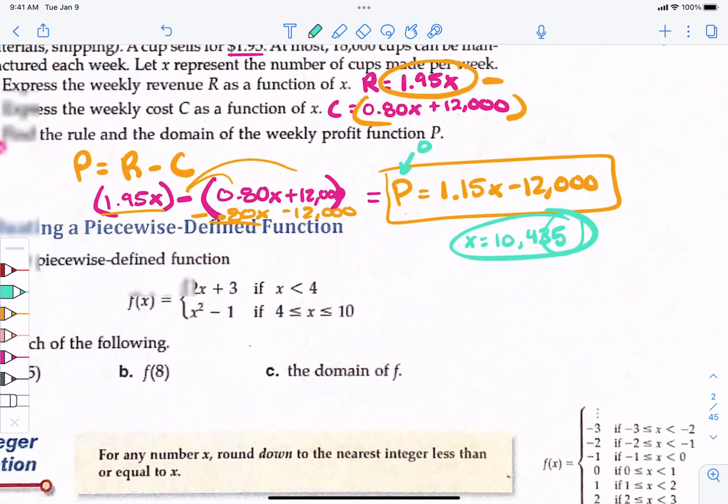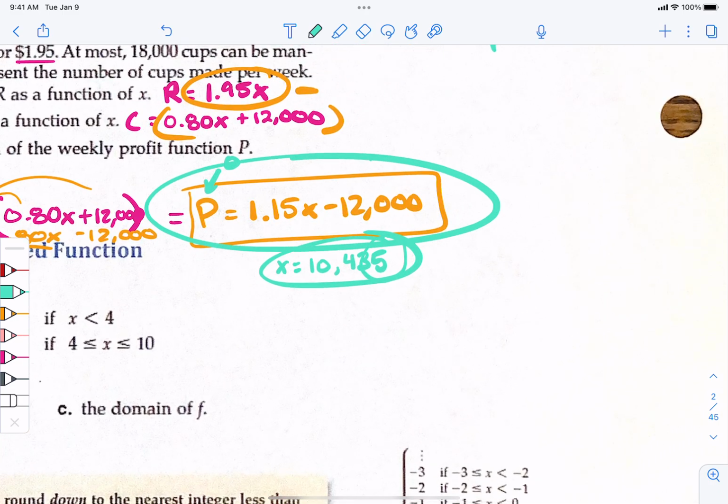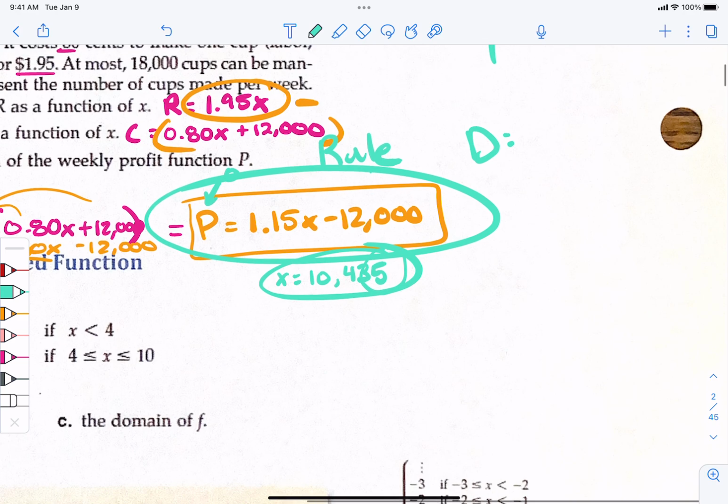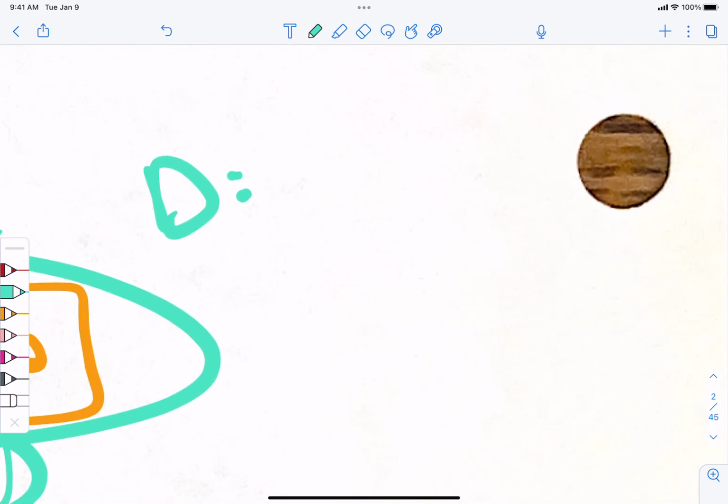So there's that. Now, find the rule and the domain for the weekly profit. So this is my rule for my profit, right? But then I want the domain. How much are we allowed to produce? My minimum versus my maximum. What's the minimum number of cups that I'm allowed to produce? I could produce less than 10,000, I'm just not going to make a profit.